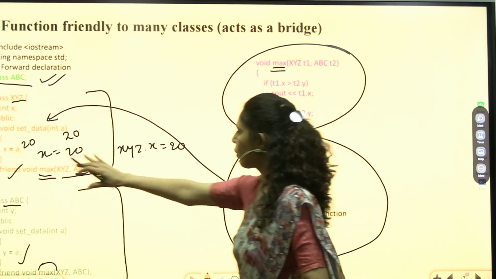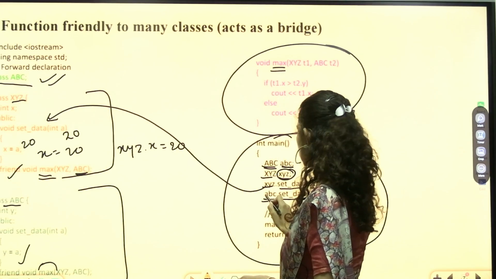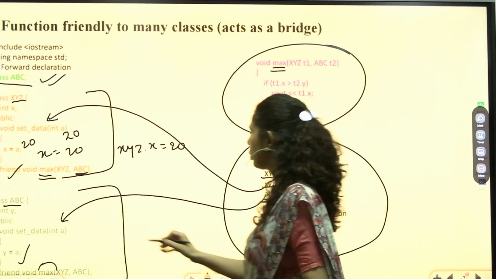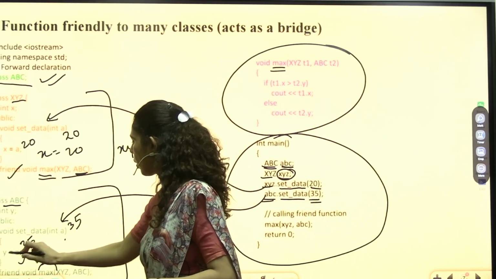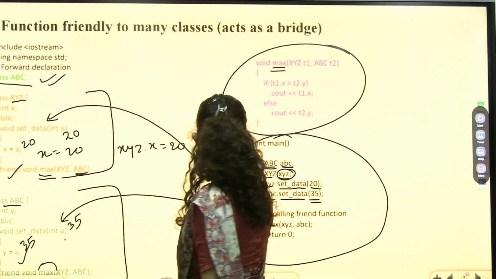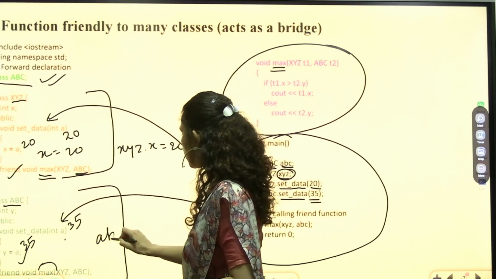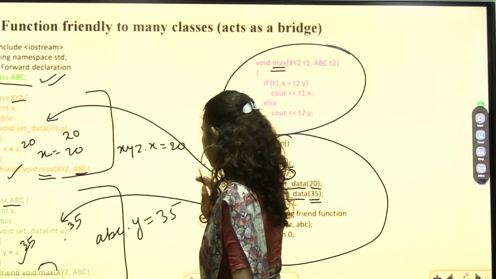This is our ABC class, and the ABC class had the object small abc. So we are calling this set data and carrying the value 35. So 35 will be copied into a and then it will be copied to y. So the value of y is 35 and abc has called this function, so abc dot y will become 35 like this.